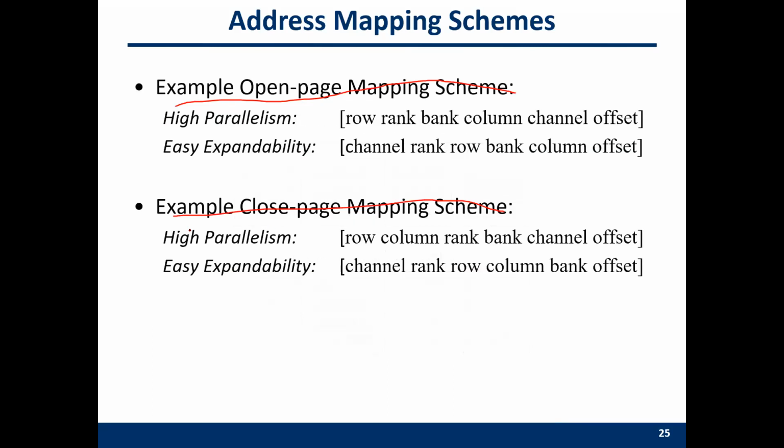Or you have a closed page, where you anticipate that you will have no hits. You prefer higher parallelism in this case. So by different application, you can choose different mapping schemes.